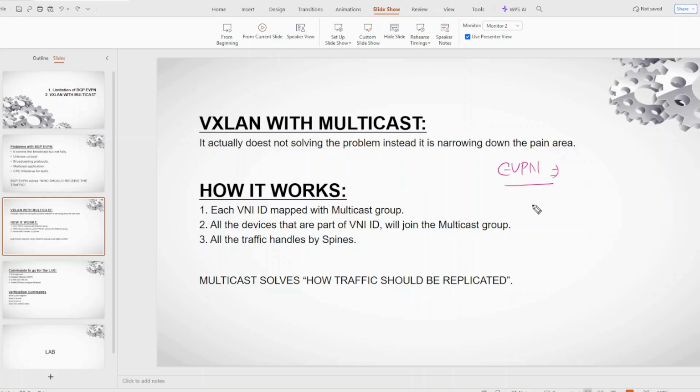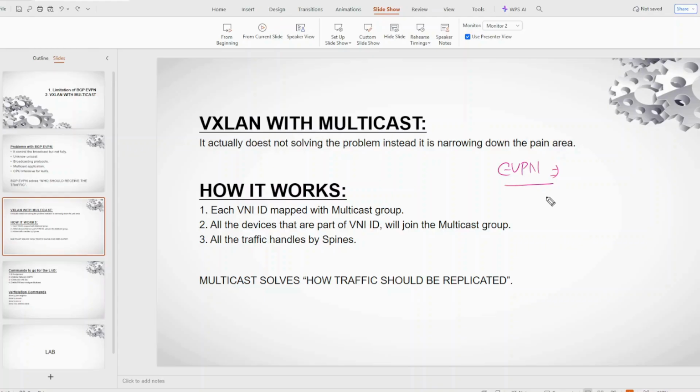But with multicast, it optimizes flooding by shifting replication from the edges to the network core, by using PIM, which uses its multicast tree. So it reduces edge device load.